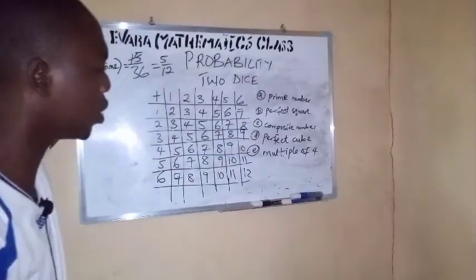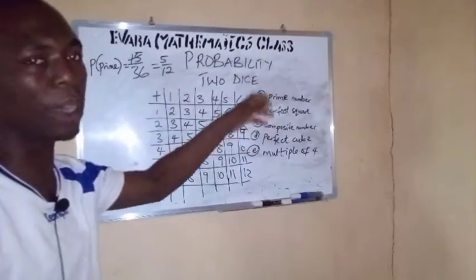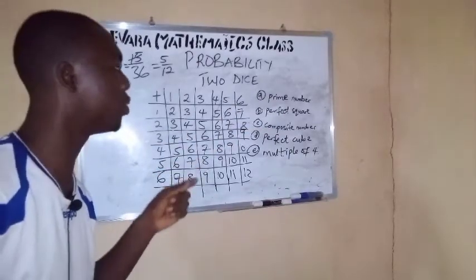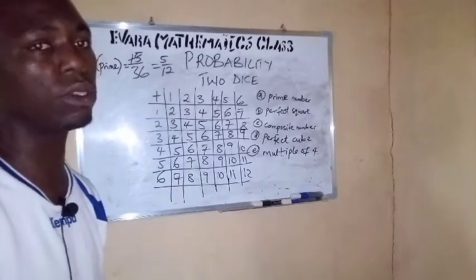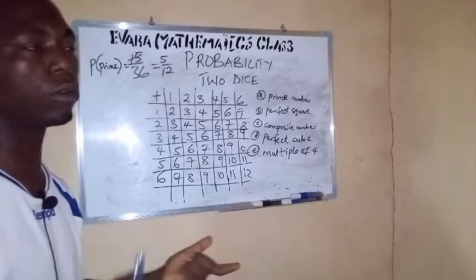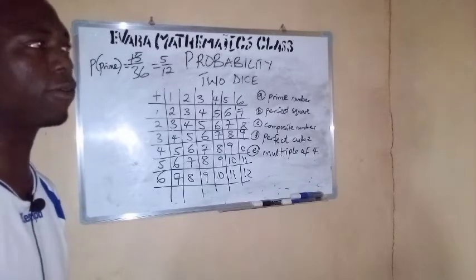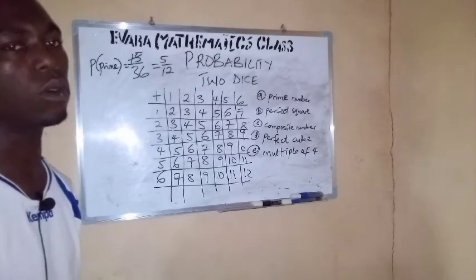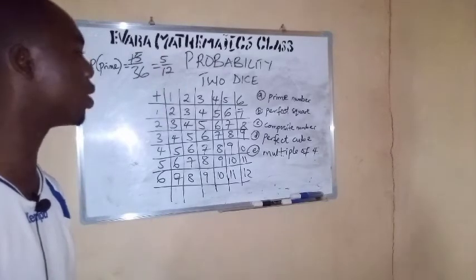Now, what's the probability of getting a perfect square? Like we said in the previous lesson on probability, a perfect square is a number whose square root is whole, that is, any number you can express as a product of two similar numbers, like 4. 4 is 2 times 2, so 4 is a perfect square. 1 is also a perfect square because 1 is 1 times 1.